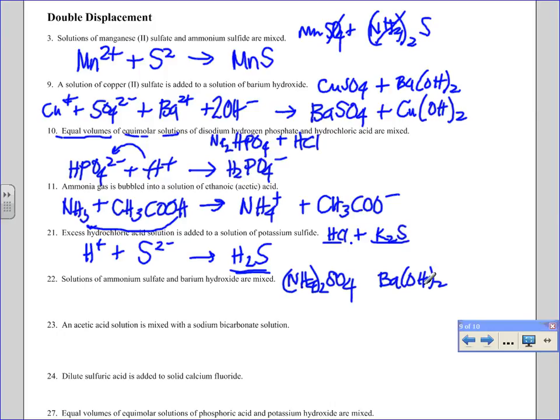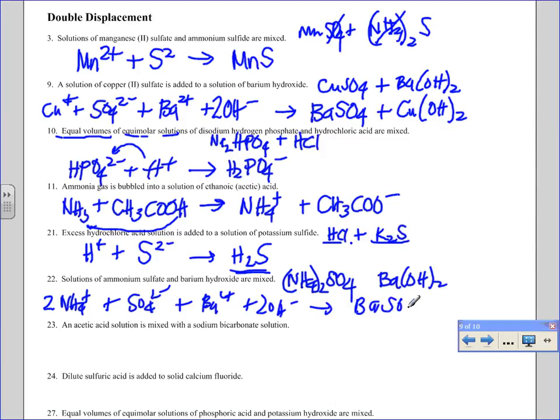Okay, so what you have here, we've got our ammonium sulfate, so you've got NH4 plus and sulfate, and this is also a solution, so it's Ba2 plus and 2OH minus, and our products here, we get a precipitate of barium sulfate, and then we get NH3 and H2O.